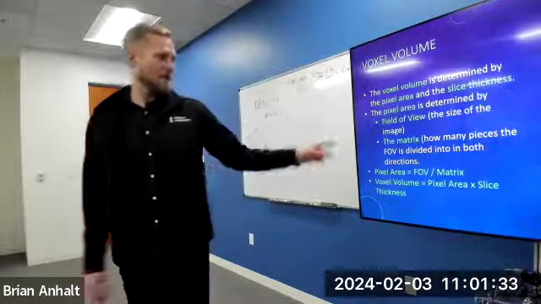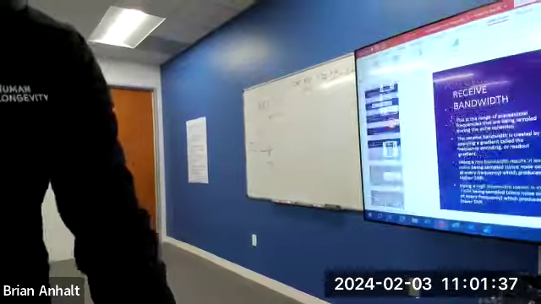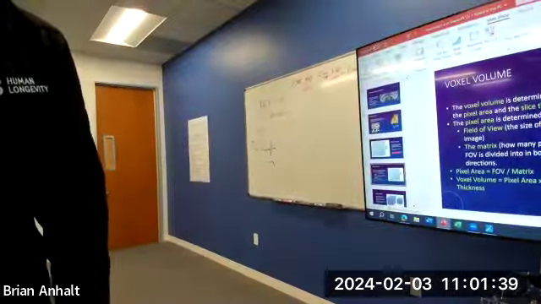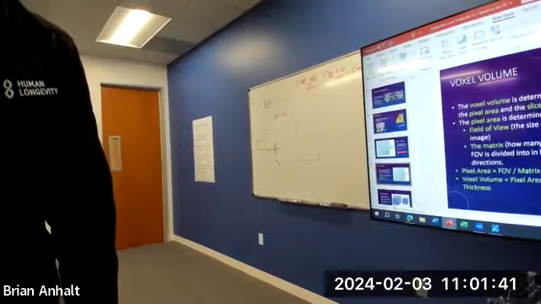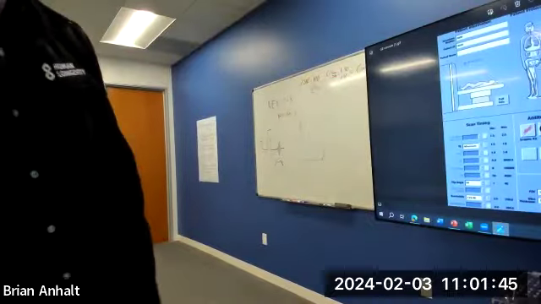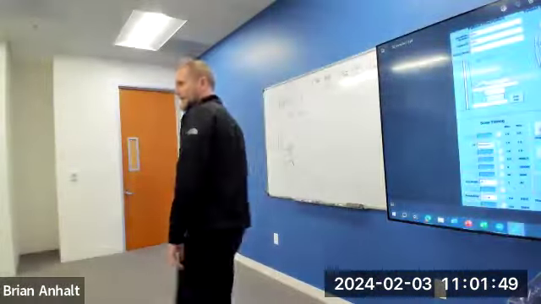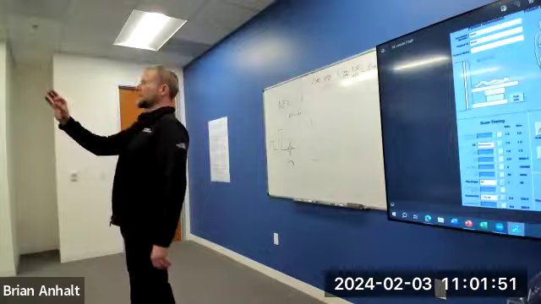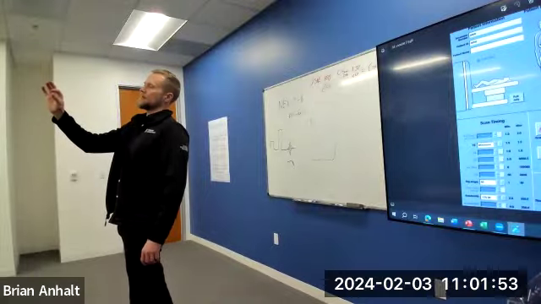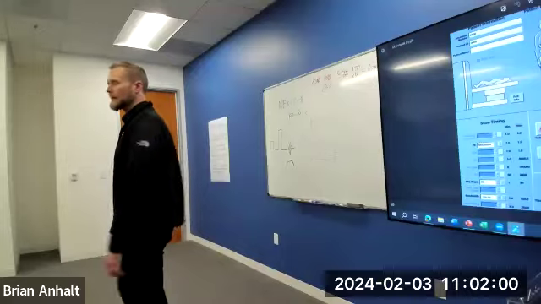If you go back to the sheet that I was showing before, the user interface, you can see right here, we have a slice thickness of 5. That's in millimeters. There's 10 millimeters in a centimeter. So that slice is about that thick in this case, right?